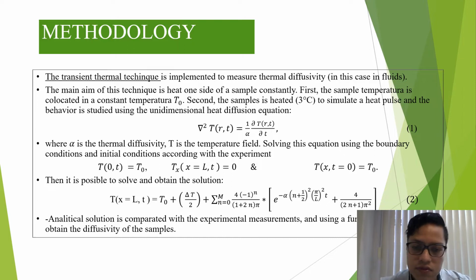Then it is possible to solve and obtain the next solution, equation 2, and this analytic solution is compared with the experimental measurement, and using a function fit in Mathematica, we can obtain the diffusivity of the different samples.